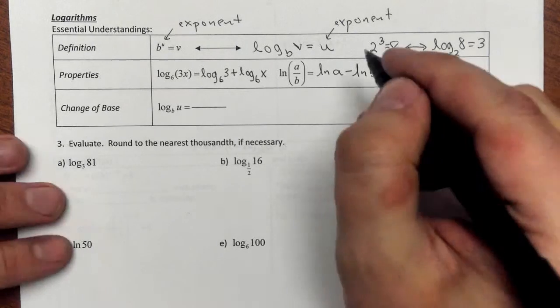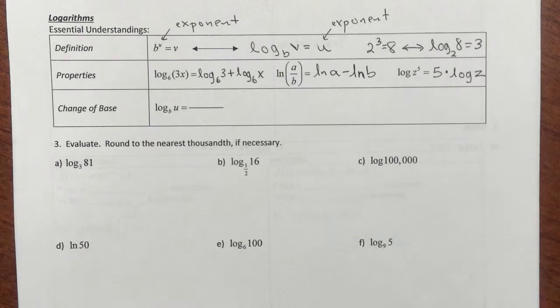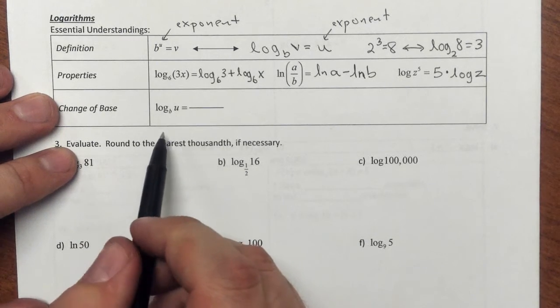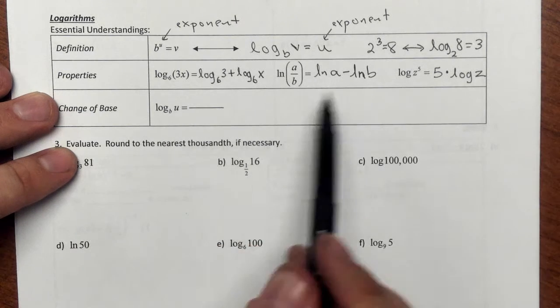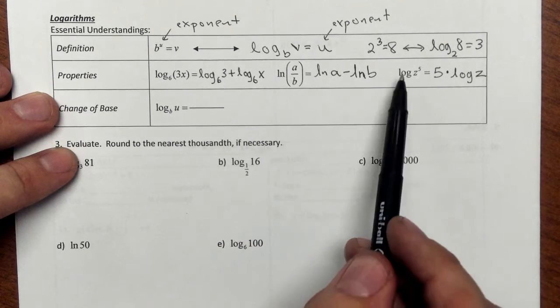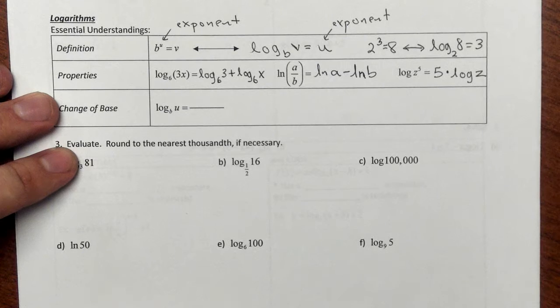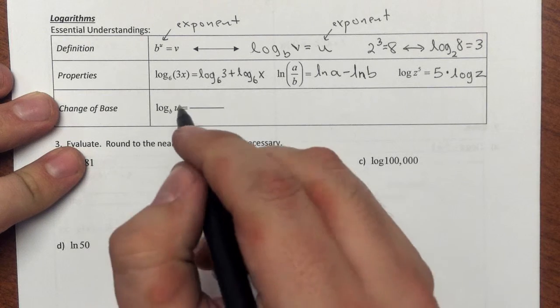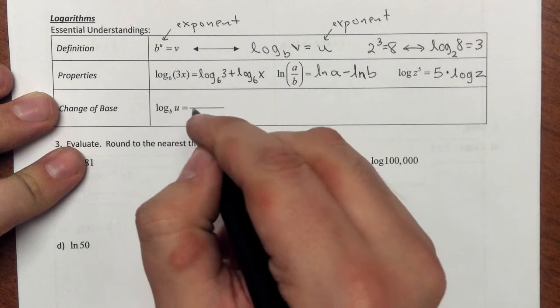Now, in addition to all of these properties, another property that you need to be familiar with, even though most of you don't need to use it with the newer graphing calculator, is the change of base formula. If I want to evaluate a logarithm for some particular base other than e or 10, which natural log and common log are on any standard scientific calculator, I can do it in terms of common log, or for that matter, natural log.